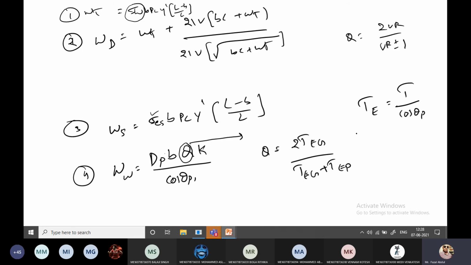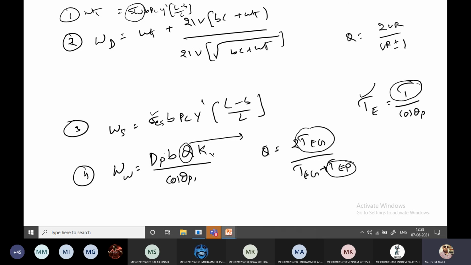So don't substitute the angle directly. We have to substitute the number of teeth first, whatever value is given in the question, and get the TE value. After getting this, we need to substitute it here. That is the ratio factor.